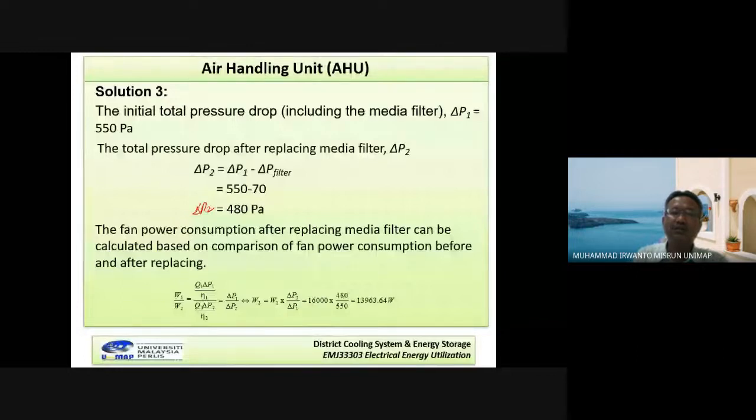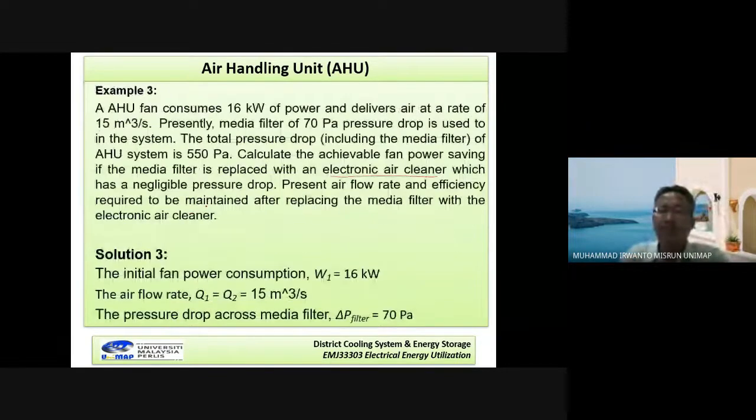So from here, the total pressure drop for replacing the media filter with the electronic air cleaner, delta P2, we can find the energy or power needed when we replace it with the electronic air cleaner. The first following this formulation.